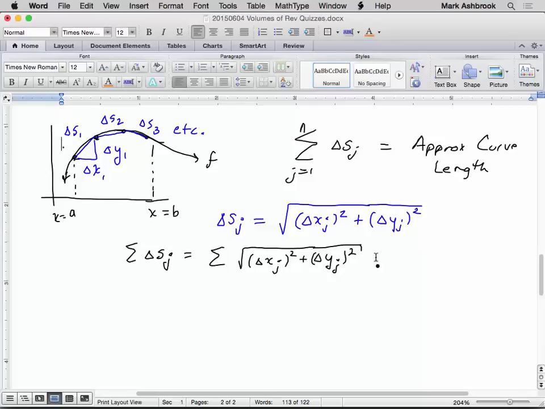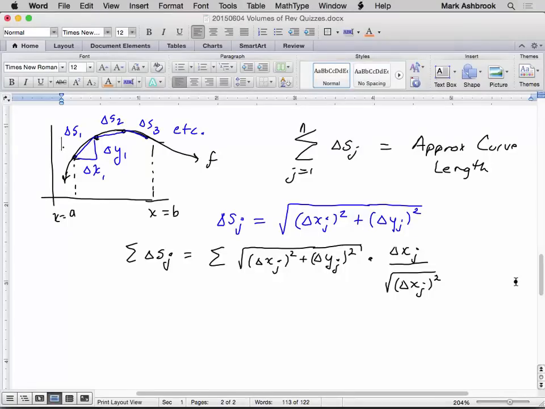So we're going to do a little trick here. We're going to multiply by 1 in the form of delta xj over the square root of delta xj squared. You should recognize that that's just 1, because the denominator is just delta xj, so we have delta xj over delta xj.